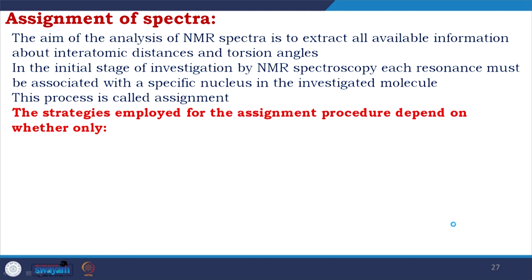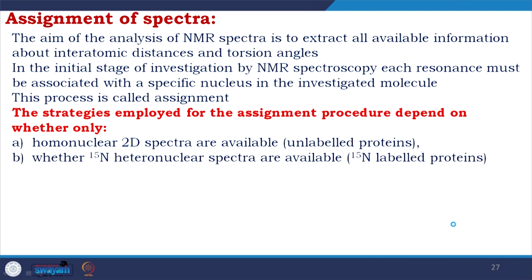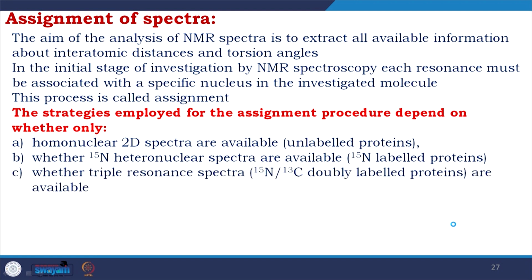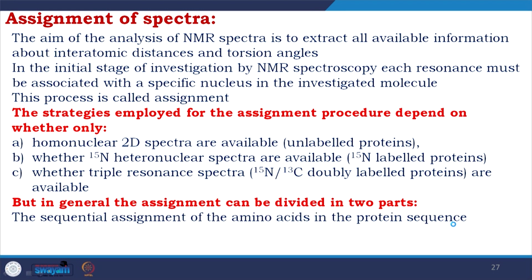The strategies employed for the assignment procedure depend on whether only homonuclear 2D spectra are available, which is an unlabeled protein; whether 15N heteronuclear spectra are available, a 15N labeled protein; or whether triple resonance spectra, both 15N and 13C, are available, a doubly labeled protein. But in general, the assignment can be divided in two parts: the sequential assignment of amino acids in the protein sequence, because you know the protein sequence, and the assignment of the amino acid side chains.